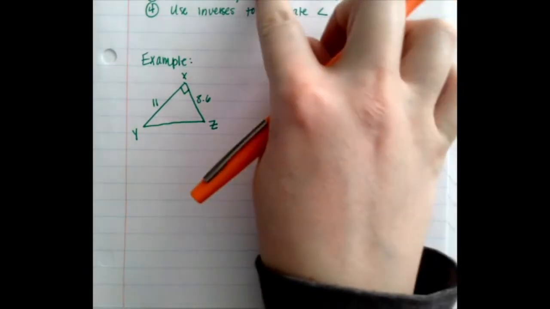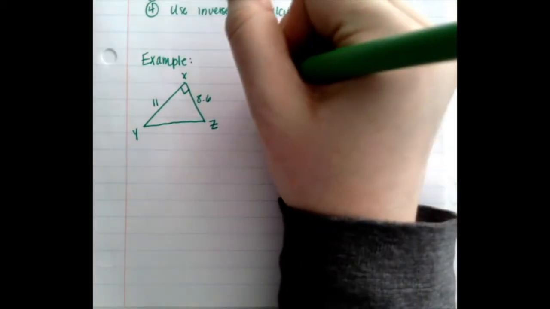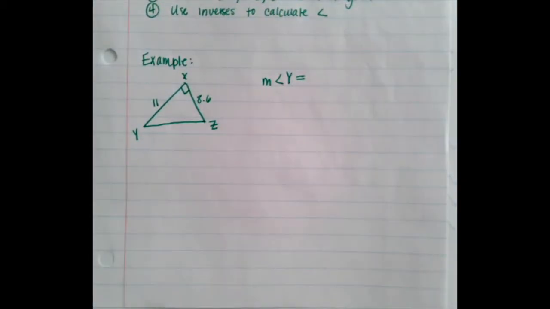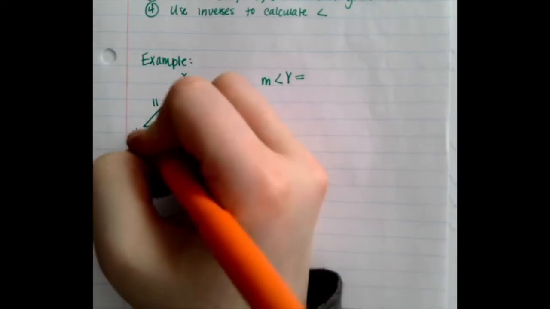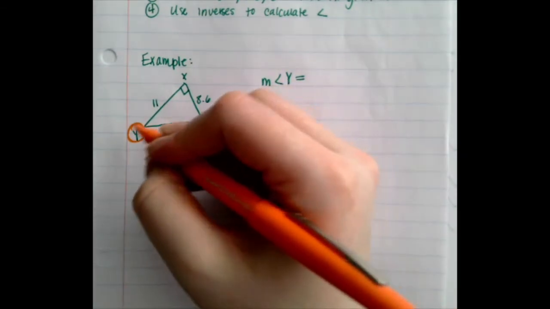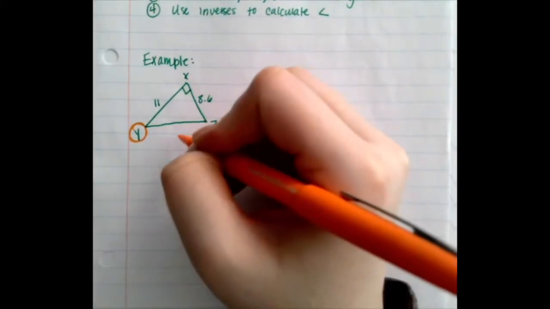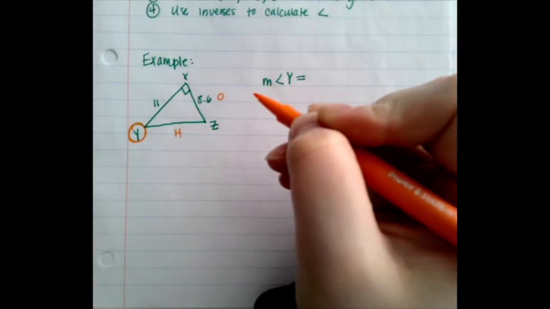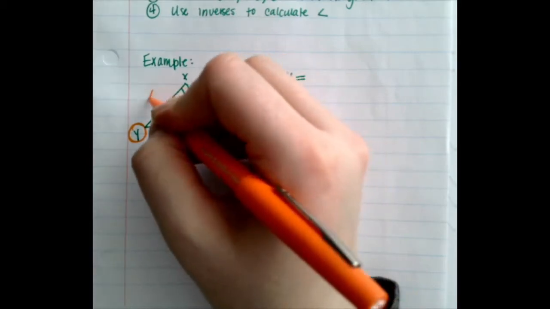The first step is to circle the angle that we want. For this one, we want to find the measure of angle Y, so we are going to circle Y. Then we label our opposite, adjacent, and hypotenuse sides for angle Y. The hypotenuse is always across from the right angle. Opposite of Y is over here, and adjacent to Y is right here.